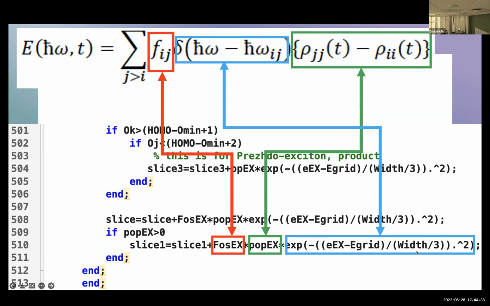Instead of a delta function, we have a Gaussian function, an exponential, and the contribution over all possible transitions is arranged as a summation of different terms. So the resulting variable is the probability to emit a quantum at a certain wavelength at a certain time.